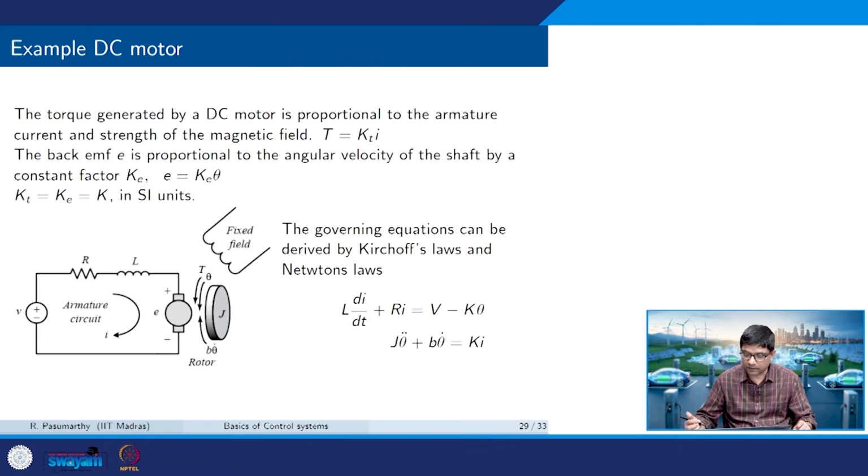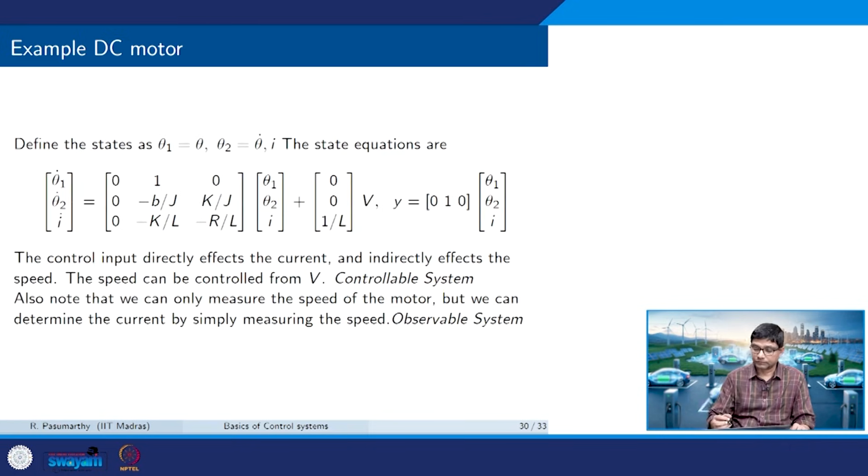Okay, let's revisit our example of the DC motor, which has things of this form. I have theta 1 dot, I have theta 2 dot, I have I, a system with 3 states.